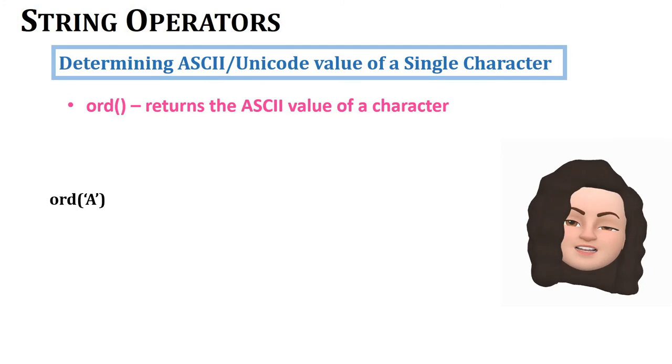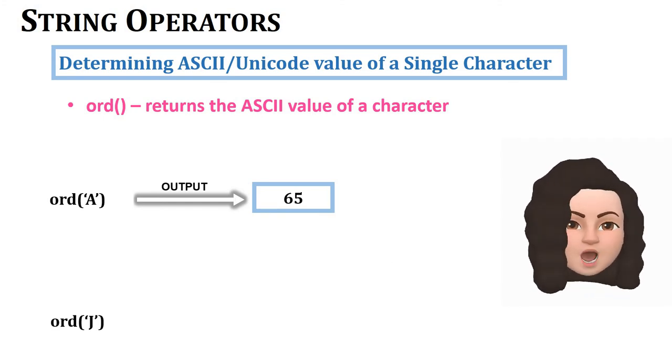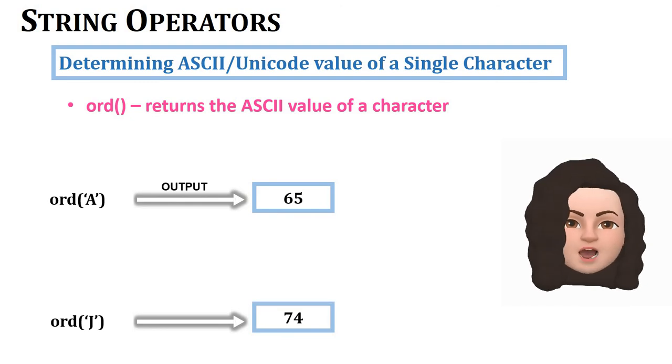It is 65. So ord of A will give you the ASCII value of the character A. Similarly, ord of J. What is the ASCII value of J? It is 74.